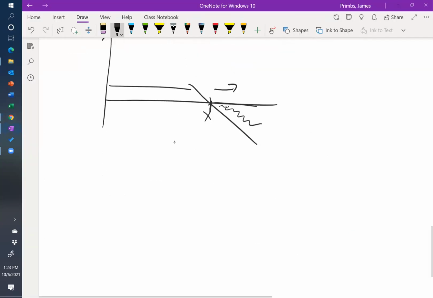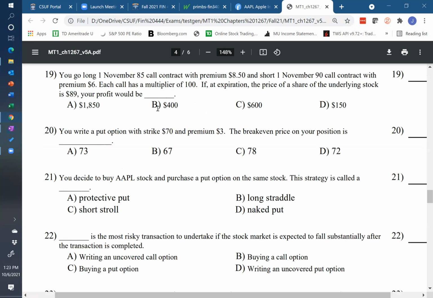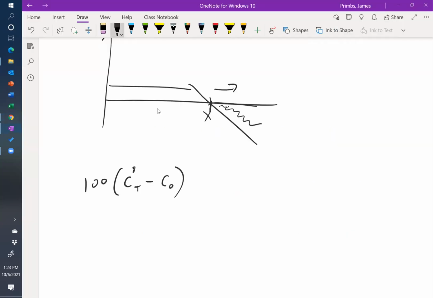So it's a bull spread. So I'm long and I have the contract multiplier. And this is my, I'll call this 1. You know what, I'm going to put a little, what was the strike? 85. So just to indicate this is the 85 strike. And then I'm short the 90 strike. That's supposed to be a 90.